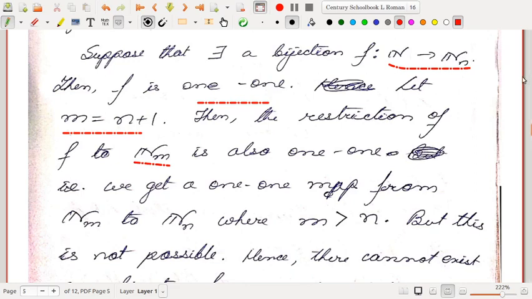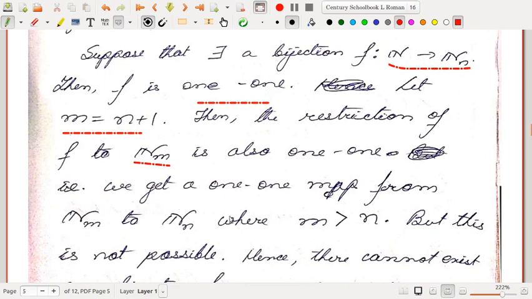So if F from A to B is a 1-1 map and C is any subset of A, then F from C to B is also a 1-1 map. So this concept we have used. Restriction of F to Nm is also 1-1.